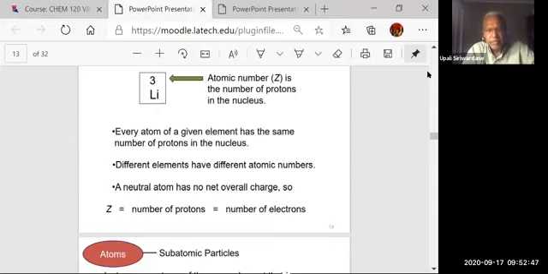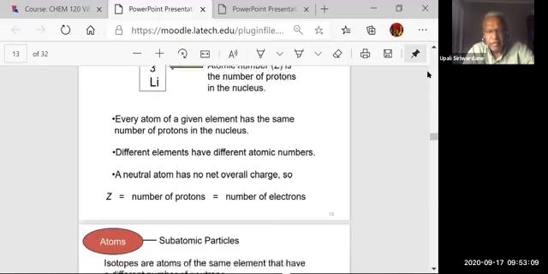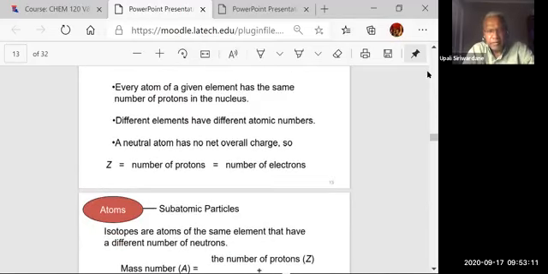But if you have the same atomic number and a different number of neutrons, that's the criterion for isotopes. Carbon-12 and carbon-13, with mass numbers 12 and 13, are two different isotopes differing by one neutron. Different elements have different atomic numbers. Z is the number of protons.